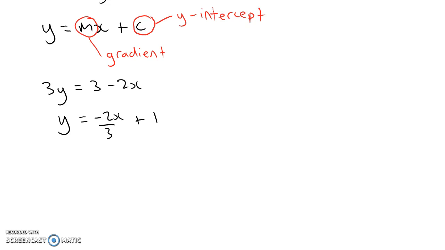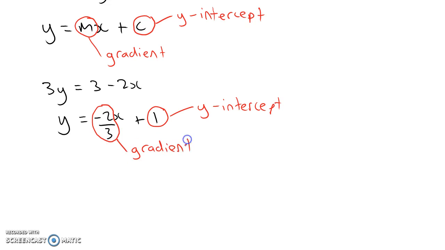And from this, straight away, we can identify our y-intercept of 1 and our gradient of minus 2 over 3. So y-intercept equals 1, gradient equals minus 2 over 3.